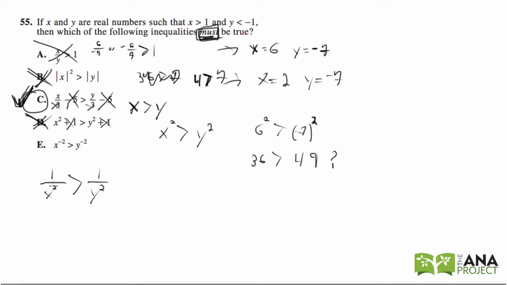When we have fractions, the greater the denominator, the less the actual value. So let's try x equals 6, y equals negative 7. 1 over 36 is greater than 1 over 49. So that works.